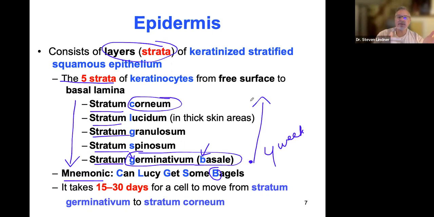And that's why it's important to change your bedding, your pillowcases, your bed sheets, and wash them because of all the dead skin cells that are located there. When someone has psoriasis, that time can be cut down to 4 or 5 days, where the cells are regenerating and pushing up to these dead cells very, very quickly.